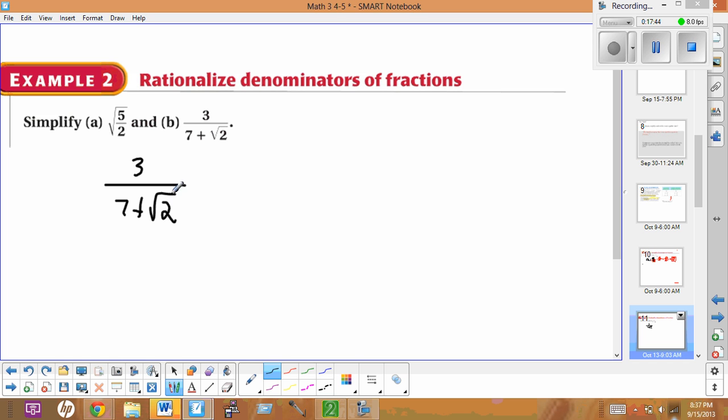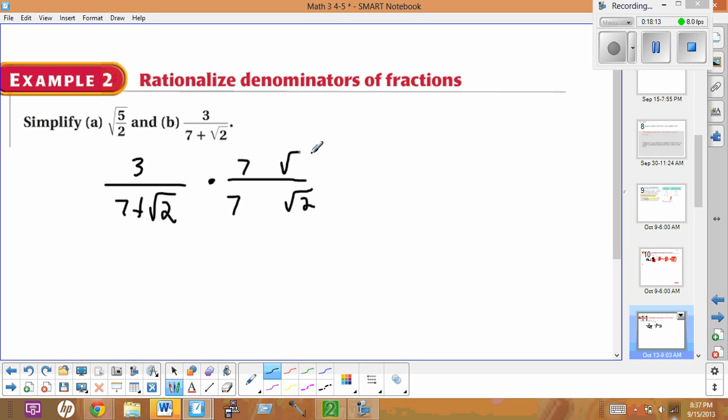Okay, so again, I cannot have a radical in the denominator. I must rationalize. Now how I rationalize is known as the conjugate. Because this is a binomial, the only way to get rid of that radical is not multiplying by itself, or the square root of 2, but by what we call the conjugate. And the conjugate is very similar. It's got the same first term and the same last term.